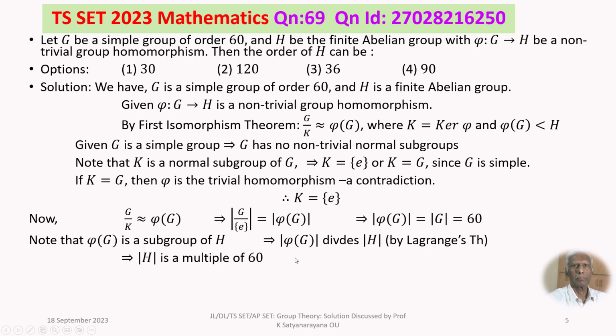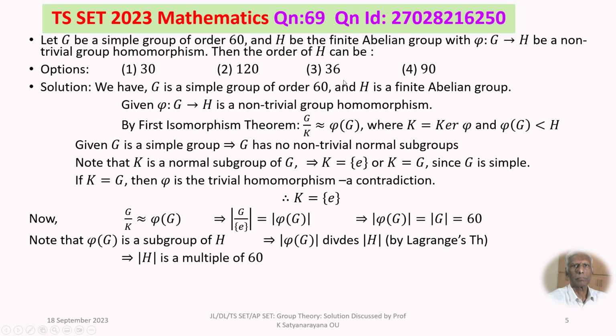But let's look at our options. The order of H can be option 1, 30, option 2, 120, option 3, 36, option 4, 90. And we have proved the order of H is a multiple of 60. In these options, only option 2, 120, is a multiple of 60.